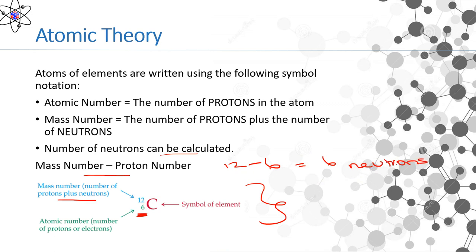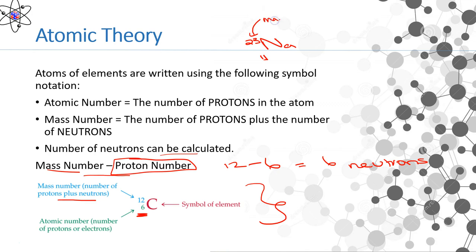If we have a look at our good old friend sodium again, sodium has an atomic number of 11 and a mass number of 23. So the atomic number is 11, so that's my proton number. The mass number is the one at the top.